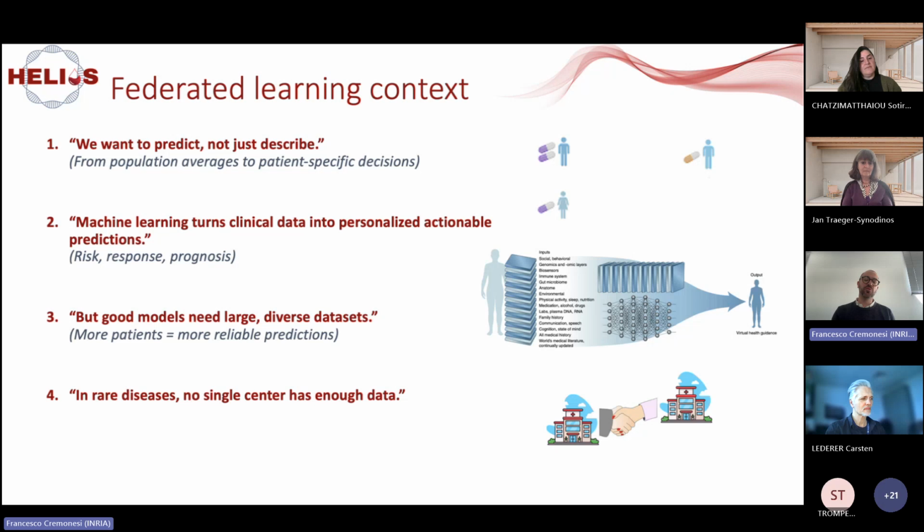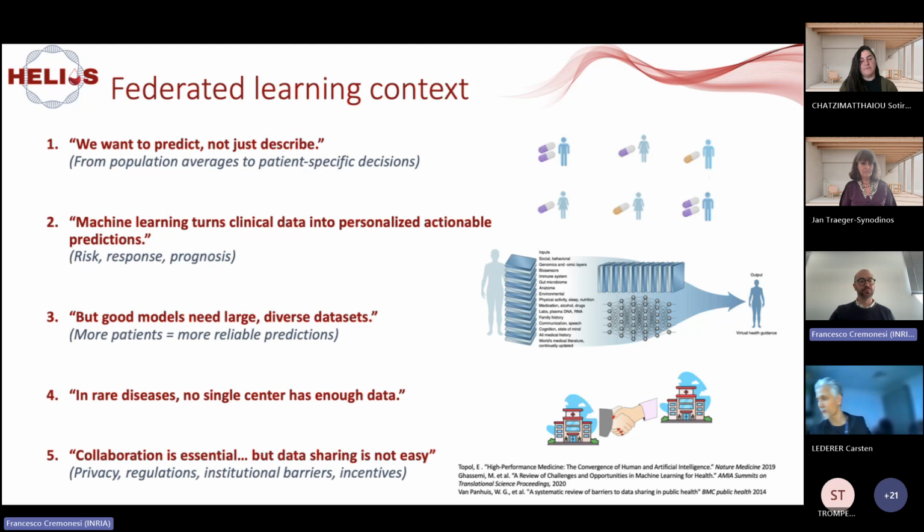Specifically, in the context of the Helios action and other actions that are focusing on rare diseases, it's pretty clear that no single center, even if they may be quite big internationally, will have enough data, because rare diseases are so rare that sometimes not even a single center will have enough data to reliably feed a machine learning or a deep learning model.